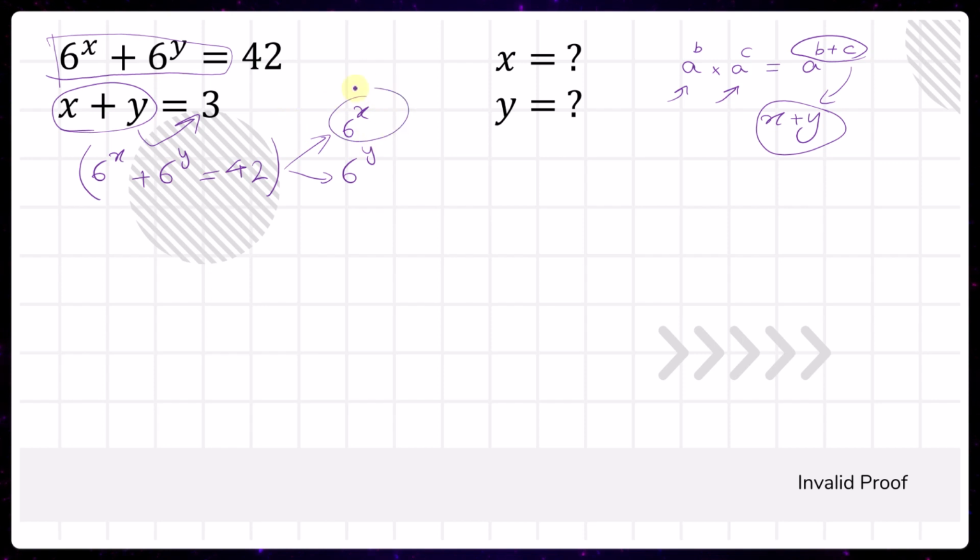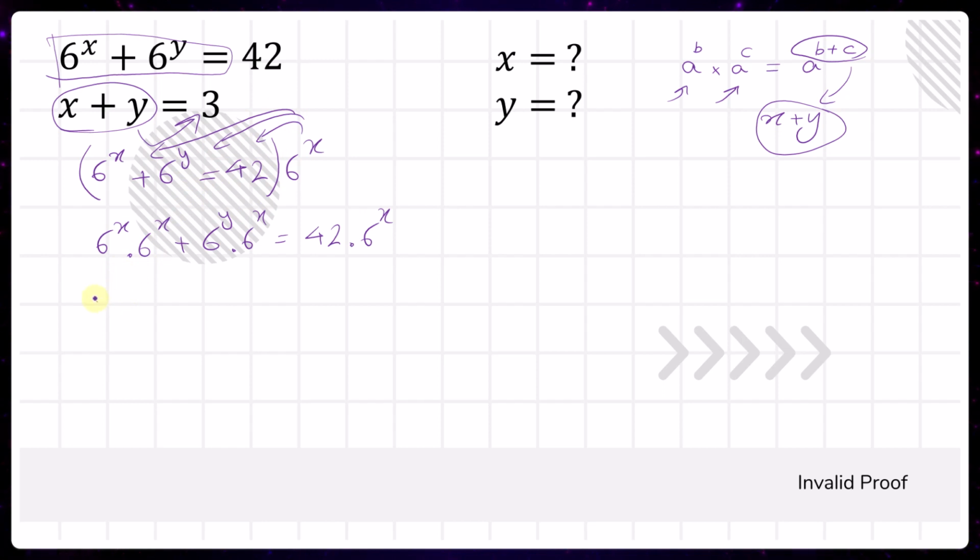So we can just go with that. So let's see what it gives us. 6 to the power of x multiplied by 6 to the power of x, plus 6 to the power of x multiplied by 6 to the power of y, equals 42 multiplied by 6 to the power of x. So now we multiply this in the whole equation.